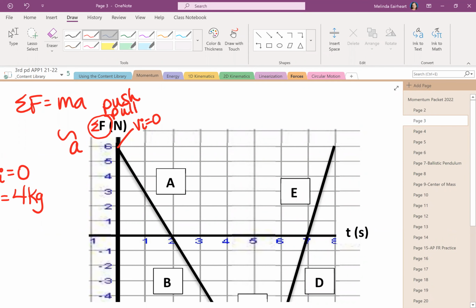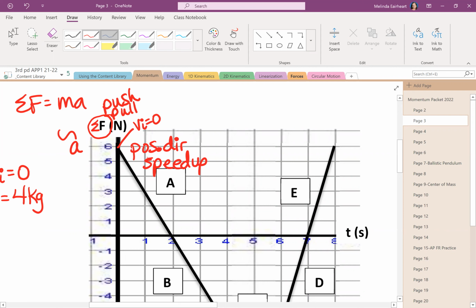I'm going to move what direction? I'm going to move to the positive direction. Okay. And am I going to move fast, slow? Am I going to slow? I can't slow down if I start at 0, right? So what's the velocity going to do? Speed up.